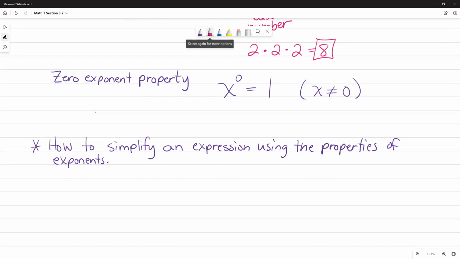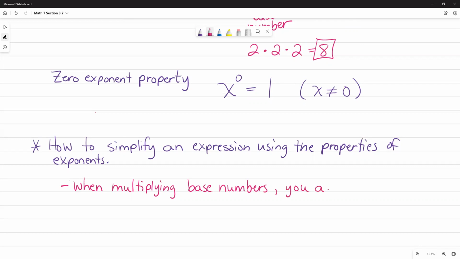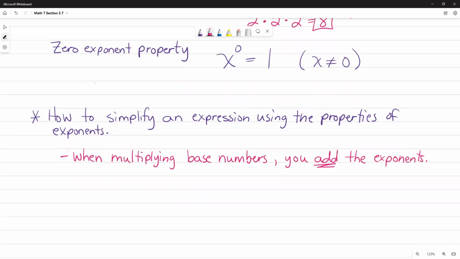I'm just going to put a note here that when multiplying like base numbers, you add the exponents. Let me show you why this works. If we have 3 to the power of 3 times 3 to the power of 4.